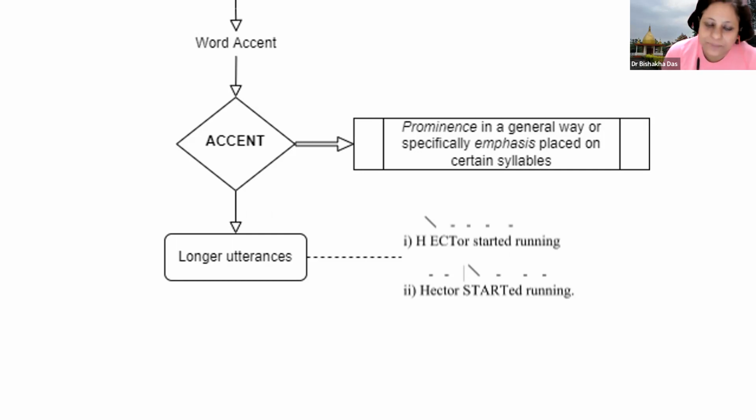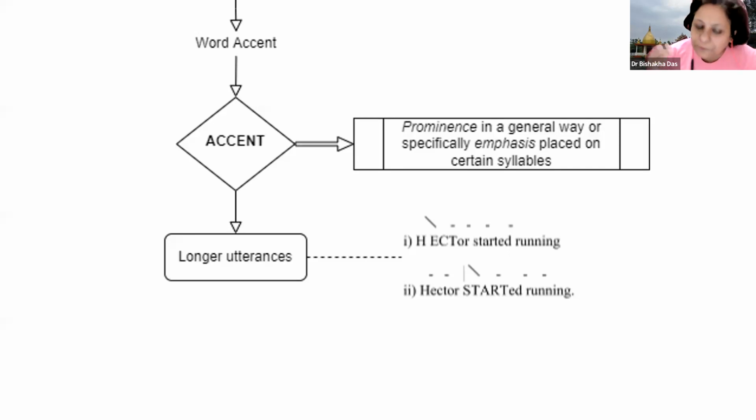Now, here is an example. Hector started running. So the phonologist says that here the speaker is contradicting the addressee. Like, you say that Robert started running, but I assert that Hector started running.